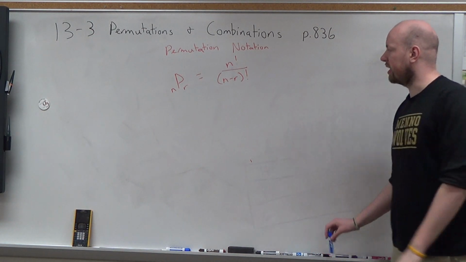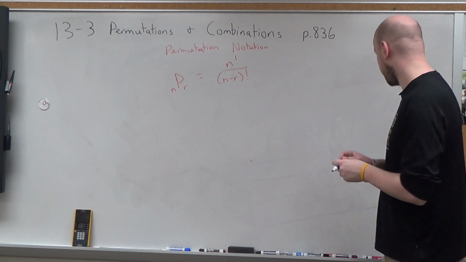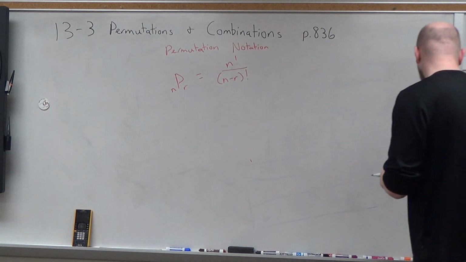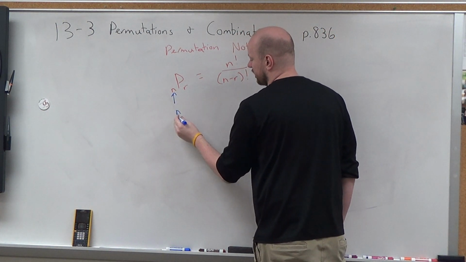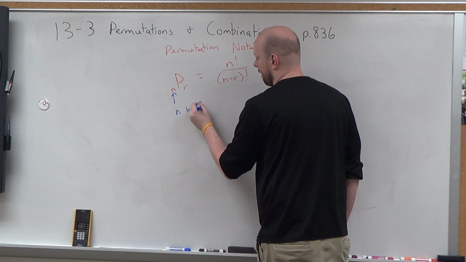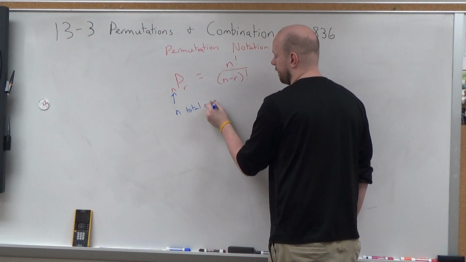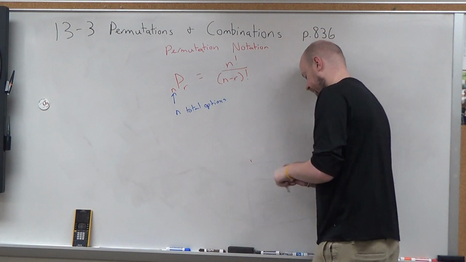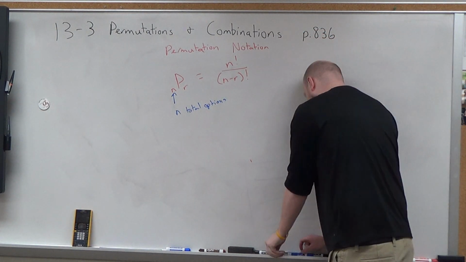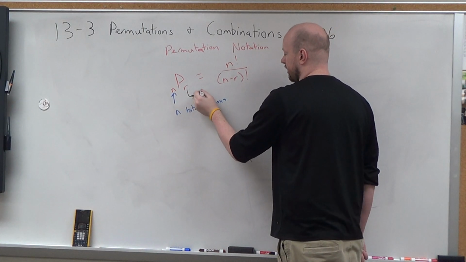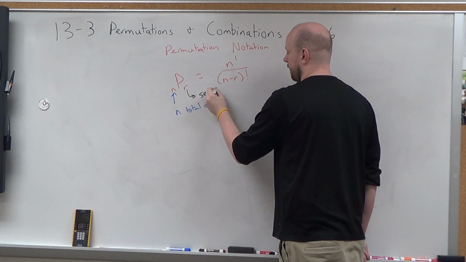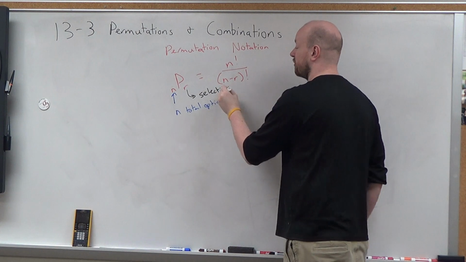Okay. So let's break down what that all means. N is just the total I can select, total options. R is selections, how many times I'm choosing.